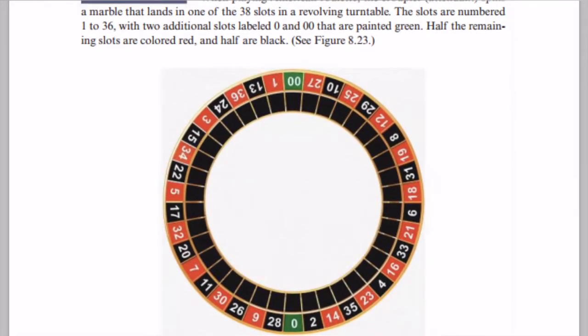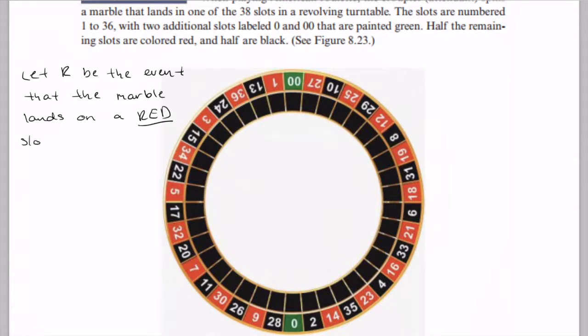So let's start with red. Let R be the event that the marble lands on a red slot.